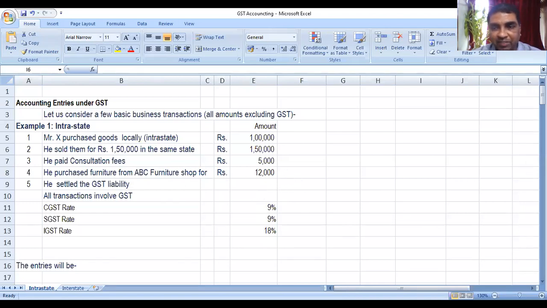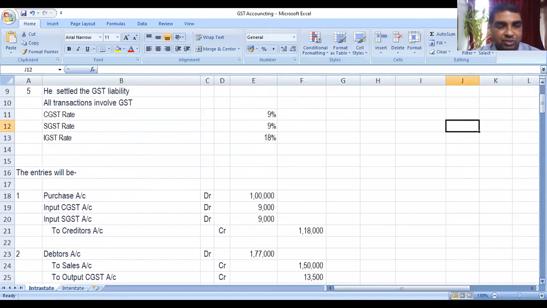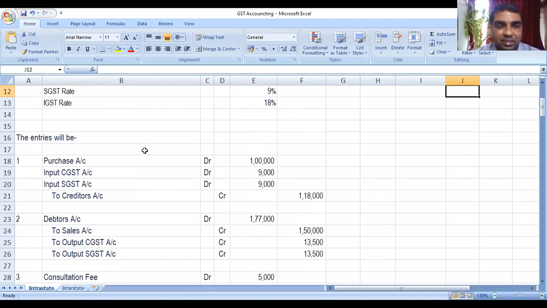And we have seen what kind of entries have to be made. When purchases are made, obviously purchase account was debited. Then input credit for CGST, one separate account, input credit for SGST, another separate account, were debited. So three debits: purchase, CGST input, SGST input.